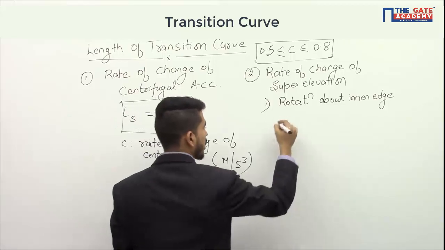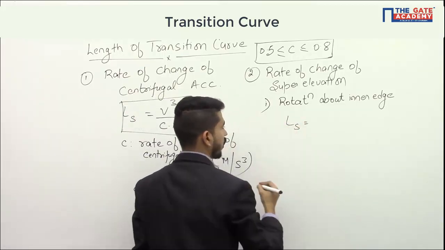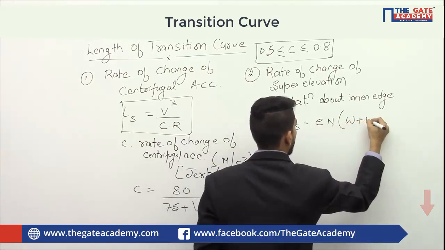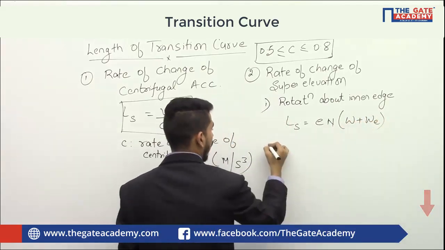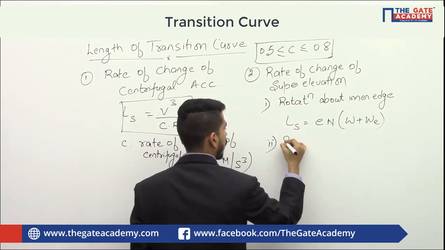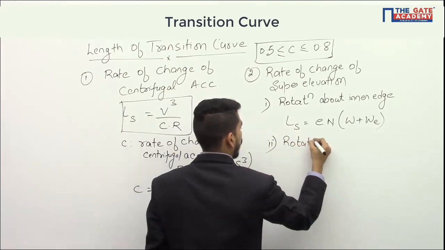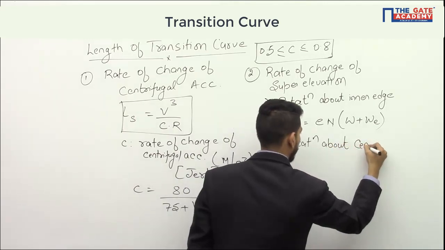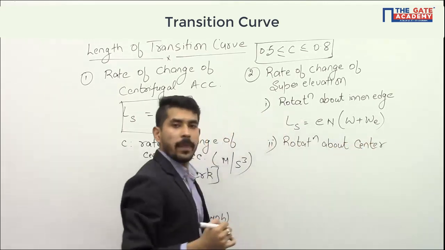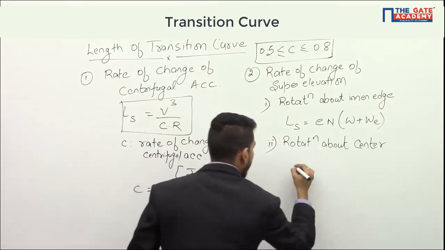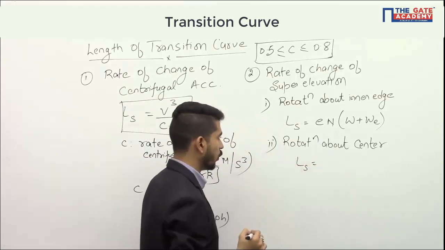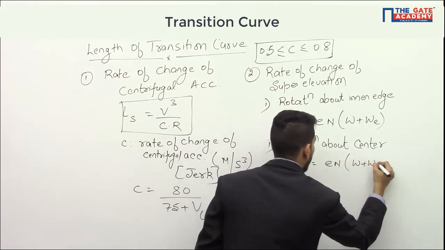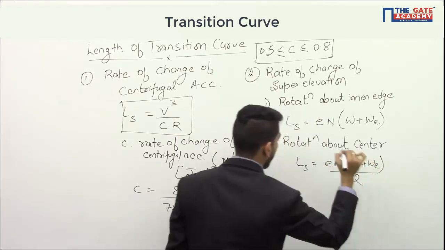In that case, the length of transition curve is given as Ls = E into N into (W plus WE), and the second case is rotation about center. When the rotation is about center, Ls is equal to E N (W plus WE) divided by 2.